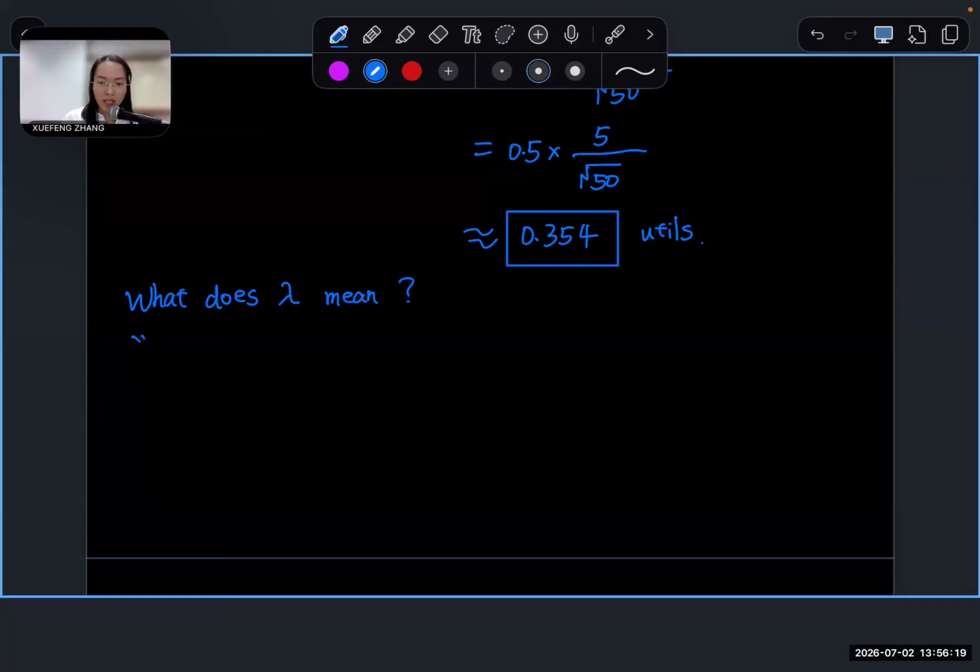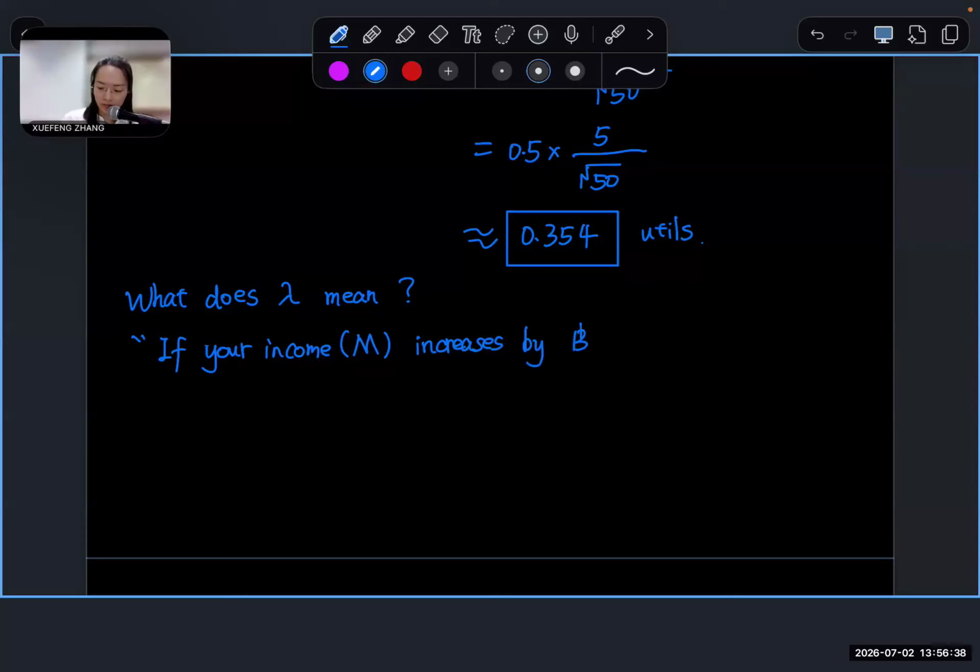It means if your income M increases by 1 baht, your maximum utility increases by 0.354 units.